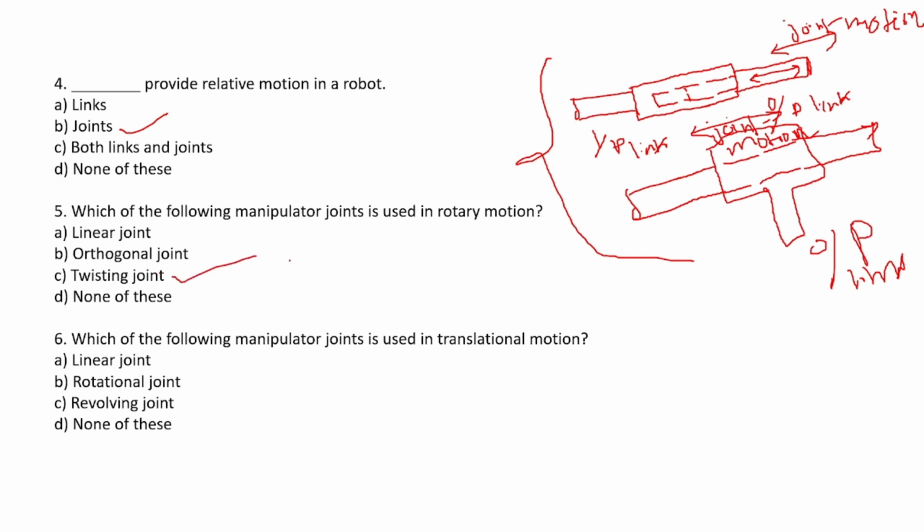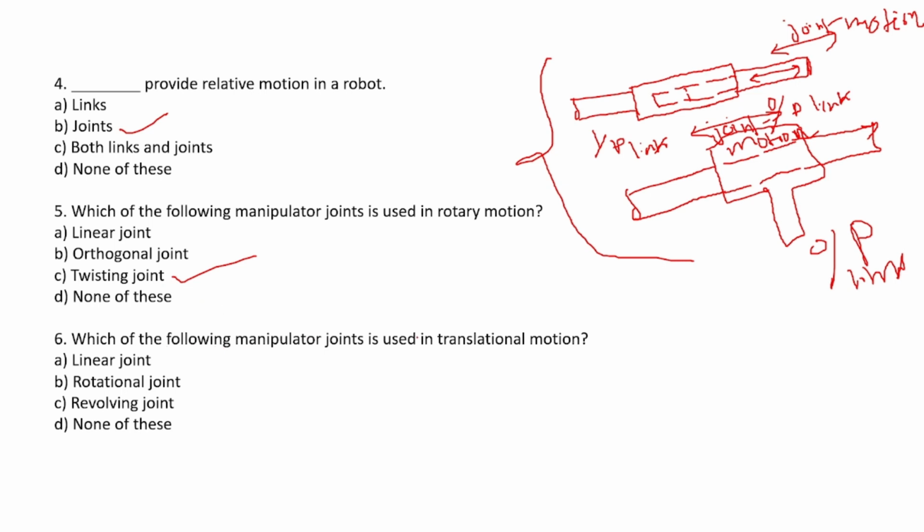This will be the example of a manipulator joint used in rotary motion, right? The twisting joint, also known as a revolute or rotary joint, is a type of manipulator joint which allows rotary motion. It enables the robot to rotate one link relative to the other around a common axis. So this is the correct option.